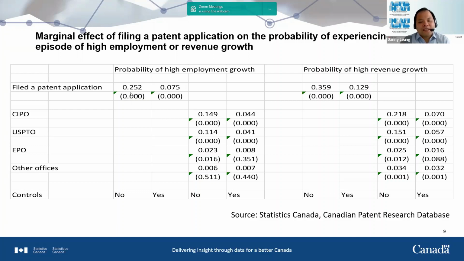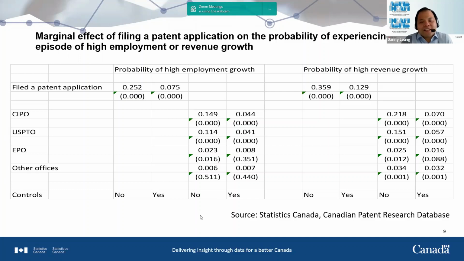The first column says that if you filed a patent, not controlling for anything, you get a 25.2% higher probability of experiencing a period of high growth. Once you add in controls, including the usual stuff like industry, but also importantly R&D expenditure, that drops to 7.5.